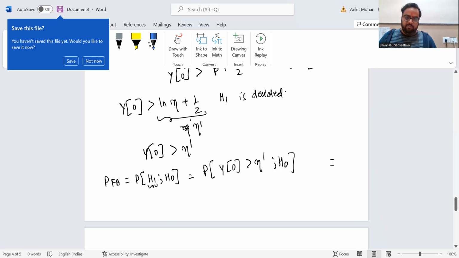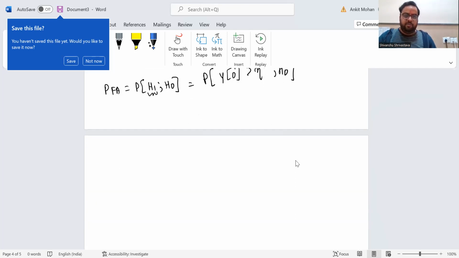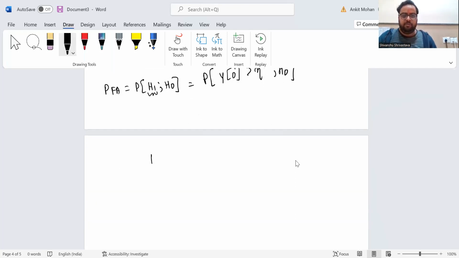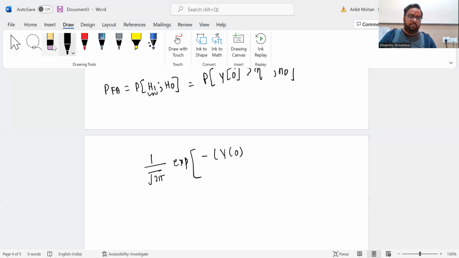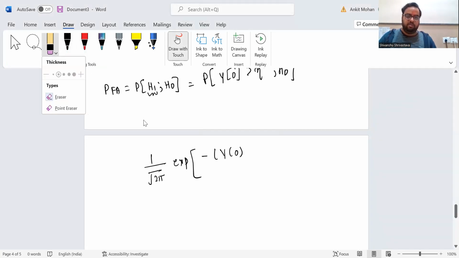So the probability density function of y0 is 1 over root 2 pi, exponential of minus y0 squared by 2. Better to take another variable here, because we are going to integrate it.